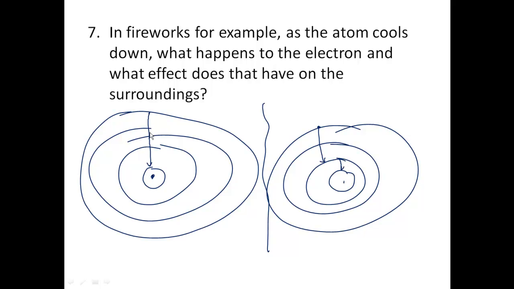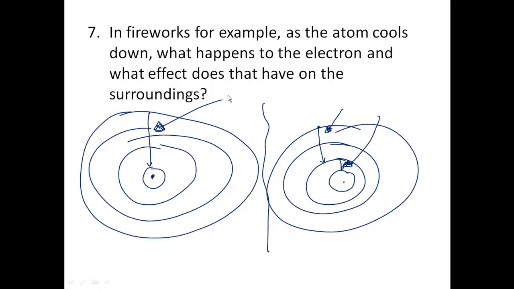Well, this one gives off one frequency of light. Because it fell a long way, it is a higher frequency of light. Now this one fell 2 levels, so it falls a significant distance and gives off a pretty high frequency, but not as much as the one on the left. And when that electron falls the rest of the way, it's not falling very far, so it's giving away a lower frequency.